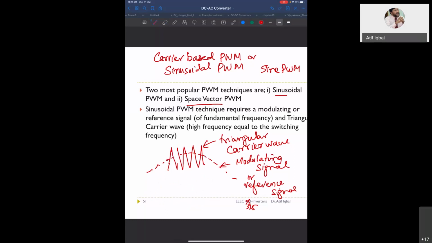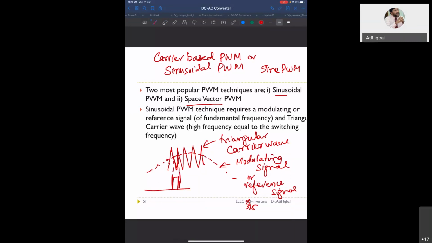Whenever, in this interval, your sine wave is more than your carrier magnitude, you produce a high signal.